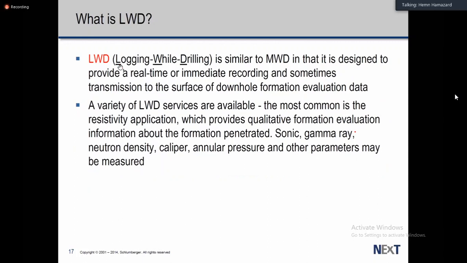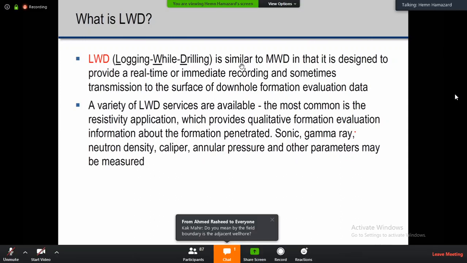The LWD is logging while drilling, as we discussed. The LWD can also be placed in the BHA just above the power drive, or the motor if you have the motor, or above the MWD; it depends on the operator's company policy.